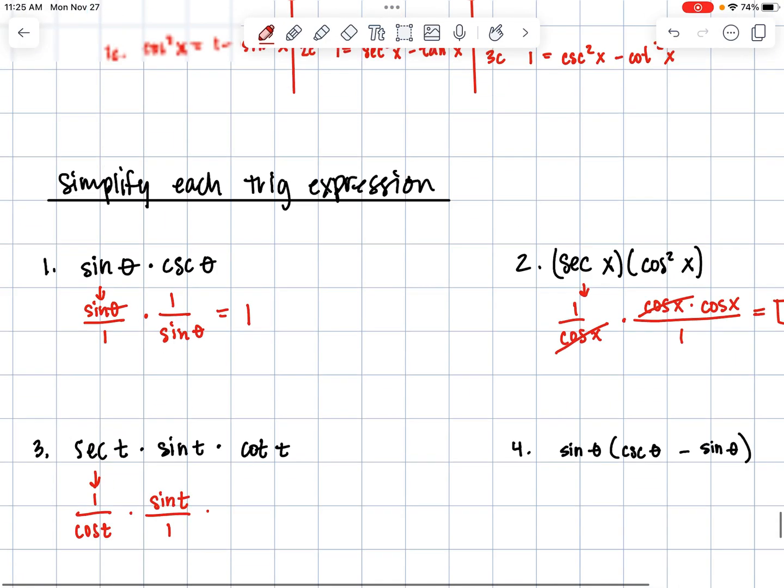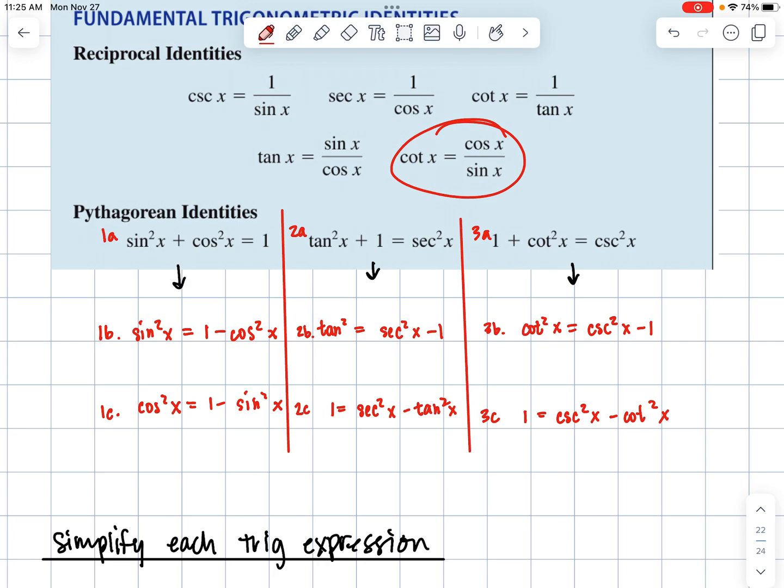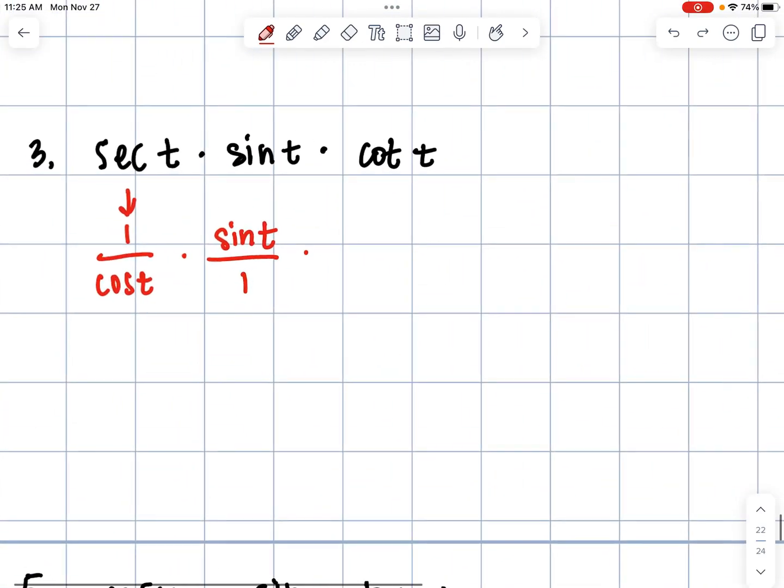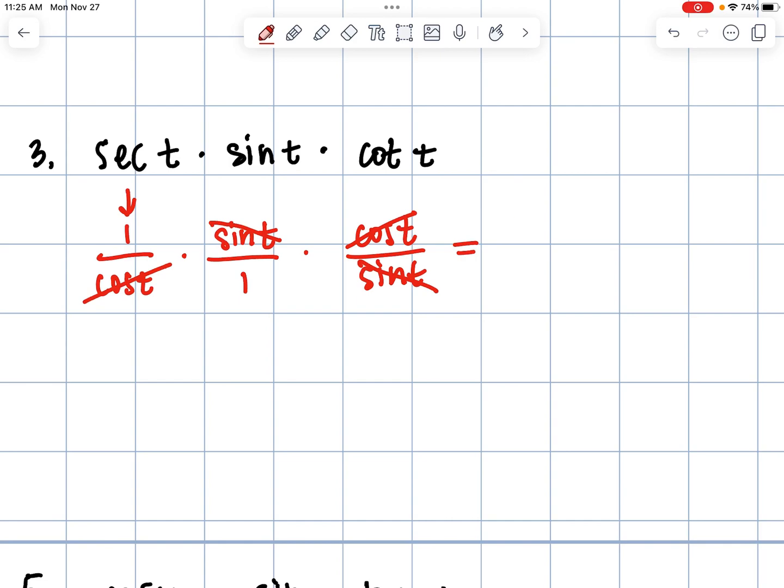If we need to recall, cotangent is cosine over sine. Technically, you could write it here too, but it'd be easiest to use the cosine over sine. Let's make sure we use the right letter. We're using t here, so cosine of t over sine of t. And if you notice, we have cosine in the numerator and denominator, so those cancel out. We have sines in the numerator and denominator, so those cancel each other out. And now all we're left with is 1 over 1, which is just equal to 1.